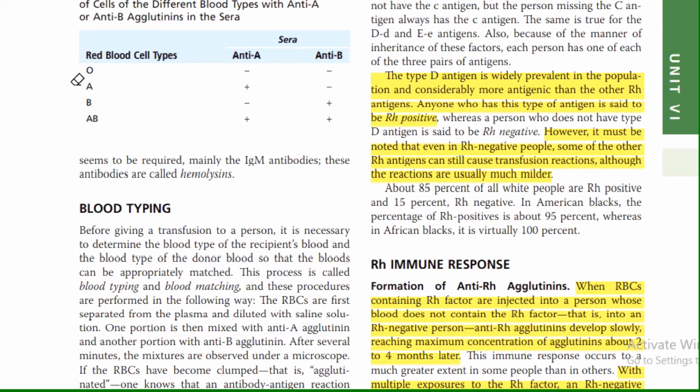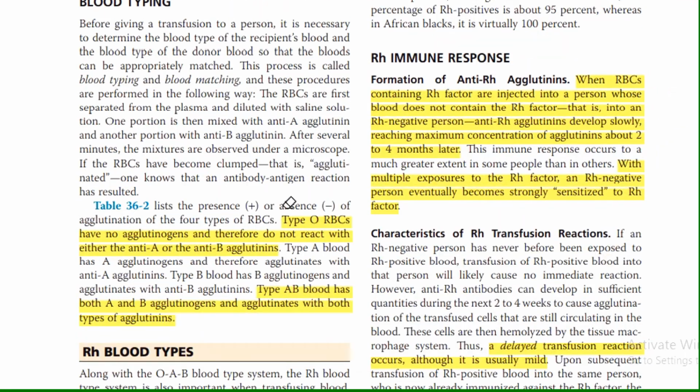If the red blood cell type is A, because there is anti-A present, the blood type will be A. Because the anti-B is present, the blood group will be B. For AB, both antigen A and antigen B must be present in the blood.